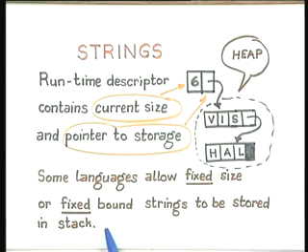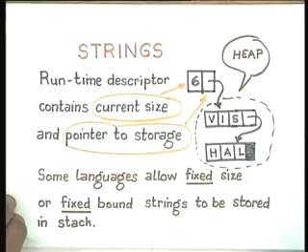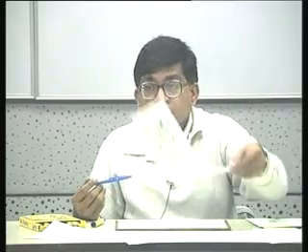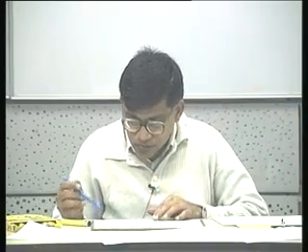So, the runtime descriptor for that kind of string would contain both the upper bound and the current length of the string, so that you know exactly how much you are using and you are not reading more and more garbage that is there at the end of the allocated amount. In such cases these strings could be stored directly on the runtime stack, since their sizes are compile time determinable. Lastly, you have files.